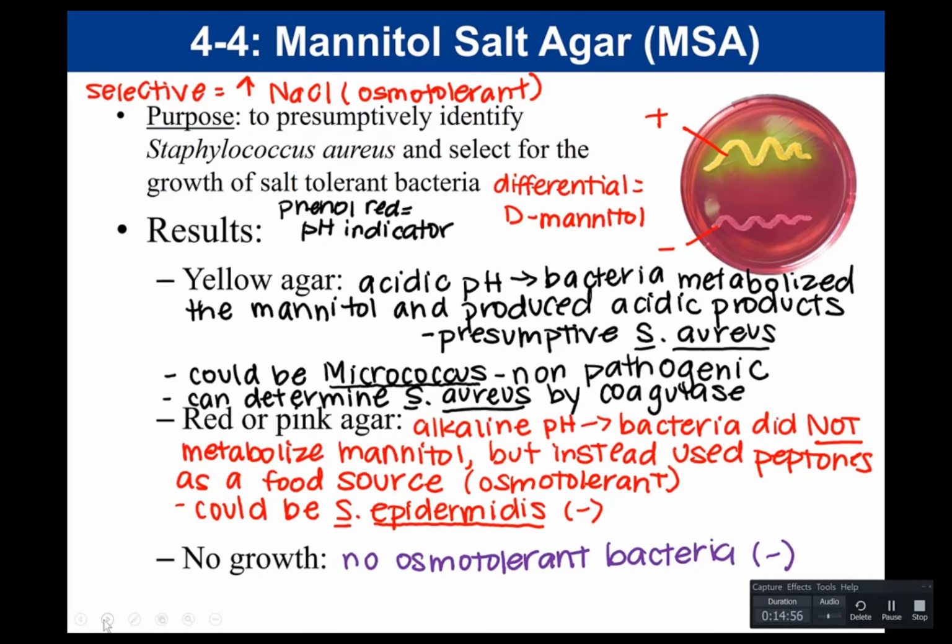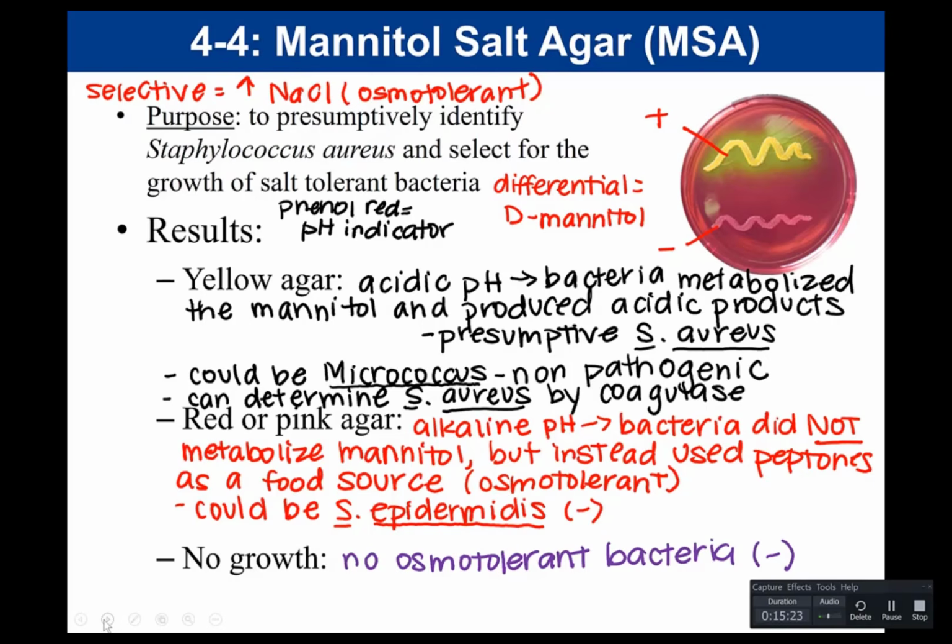So if the agar turns yellow, now I'm not talking about the bacteria itself, but the agar itself is yellow, that tells us that the pH is acidic because remember that phenol red turns yellow in acid. We get acids produced if bacteria metabolize the mannitol. And if they've metabolized the mannitol and produced acids, it's going to lower the pH, causing the phenol red to turn yellow.